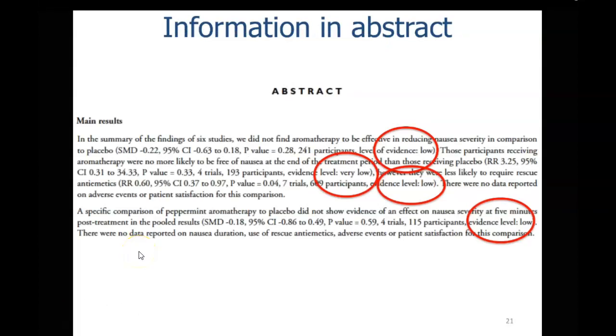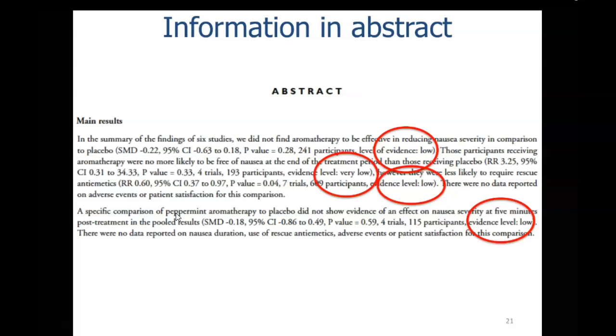So places to look for where the systematic review authors are providing language around low levels of evidence is, for example, in the abstract. And here's an example. You see the circles around passages where the authors have evaluated the level of evidence as being low or very low and so on.